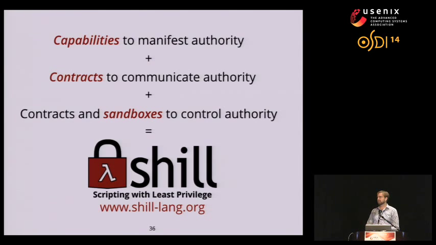So by default, if you take any script that probably hasn't thought much about security, I imagine you'll have to do a little bit of work to change it for SHILL. Of course, you could always just put it in a big sandbox, and then you'll get at least some of the isolation guarantees, but as Brian mentioned, you may have to worry about things like confused deputy, and you won't get as strong guarantees.